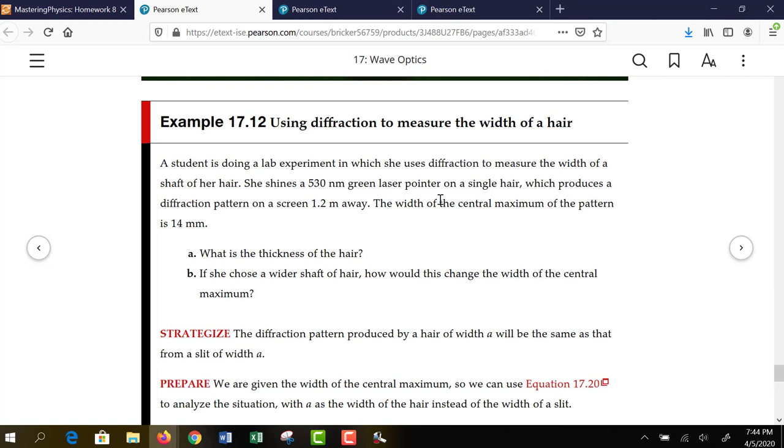So a hair works just like a single slit. Okay, so this is the wavelength, this is the distance away. Here is W, the width of the central maximum. So this is a way of actually determining the size of things that are small. And you could literally do this at your house if you have a laser pointer and a ruler. So that's what's going on in this problem.